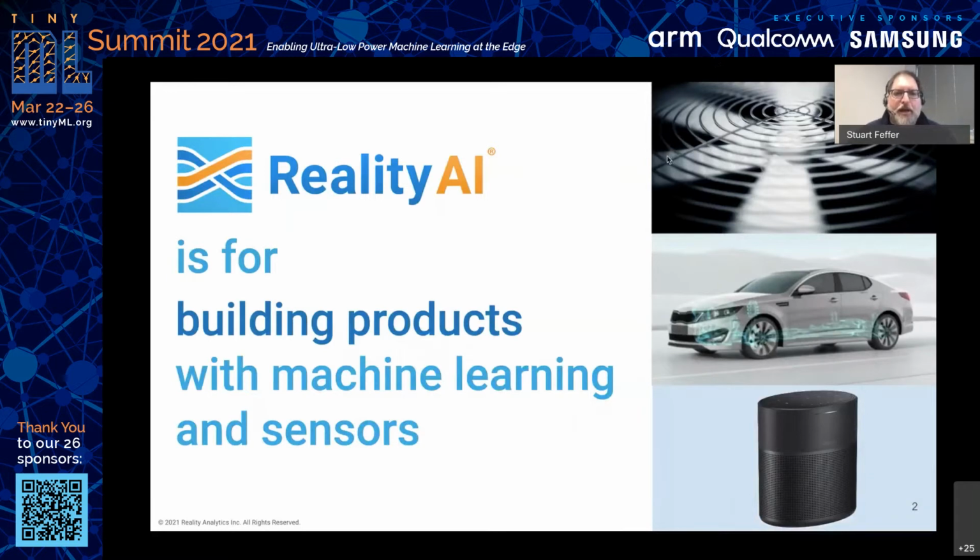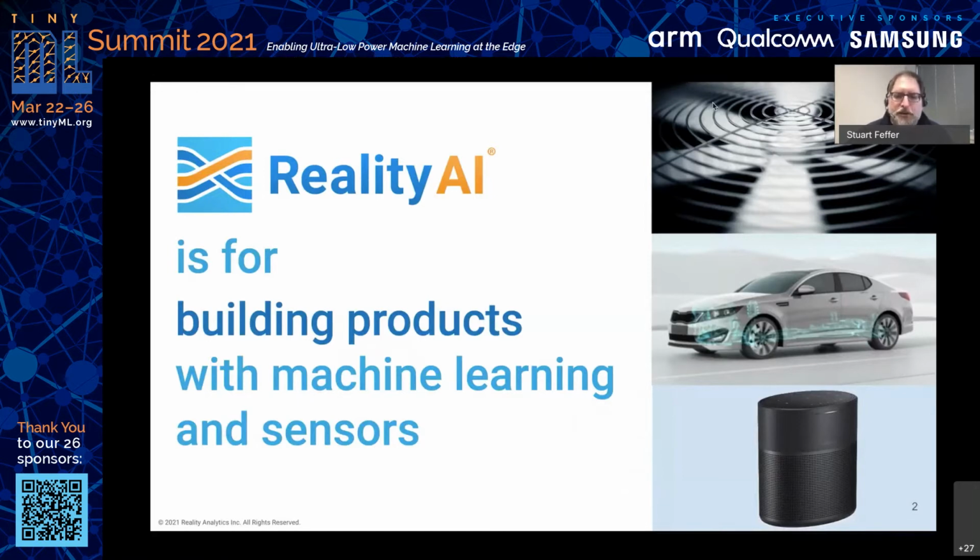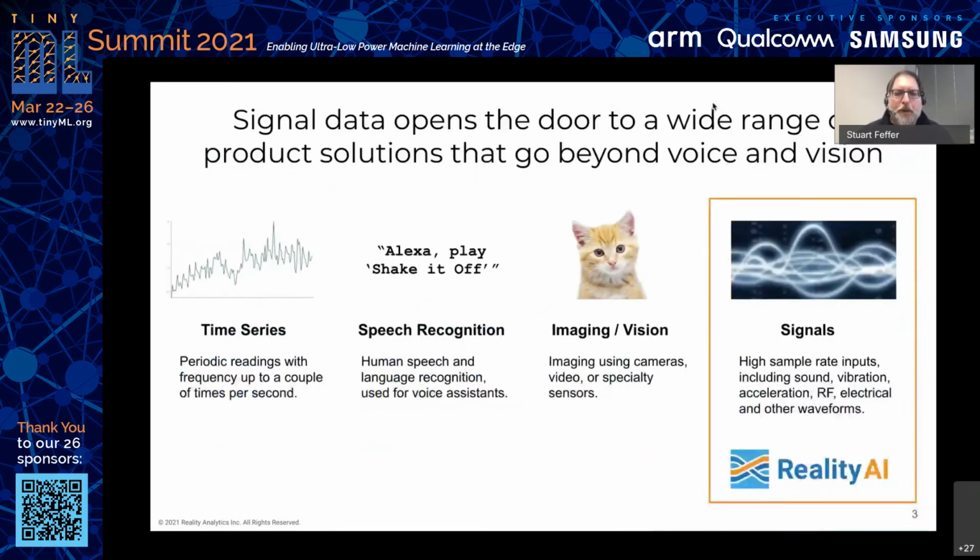Reality AI is machine learning software for engineers who are building products using machine learning and sensors. About half of our business is automotive, and the remainder is a mix of commercial, consumer, and industrial equipment products. We are really about non-visual sensing signals.